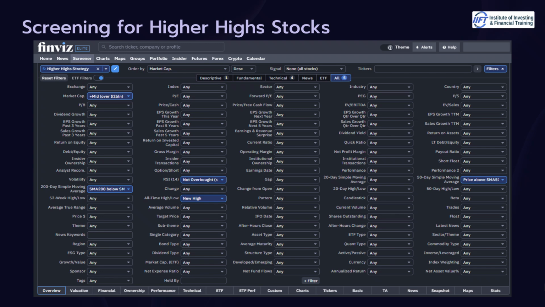So we get our screener and we screen for higher highs, we screen for an RSI that's not overbought, and we screen where the shorter moving averages are above the longer moving averages, that the price is above the 50-day and the 50 is above the 200.